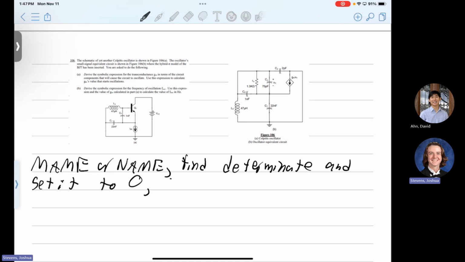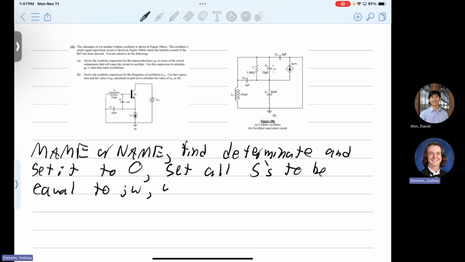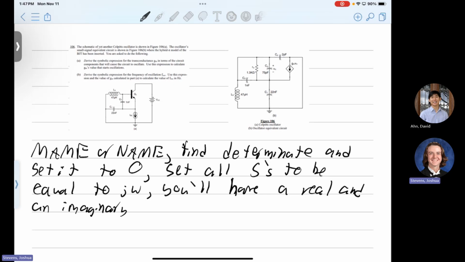Then you set all S's to be equal to j omega. This is just the process. I'm writing it out, and then we'll actually get through the math. You'll have a real and an imaginary part, as in terms with no j, terms with j's.